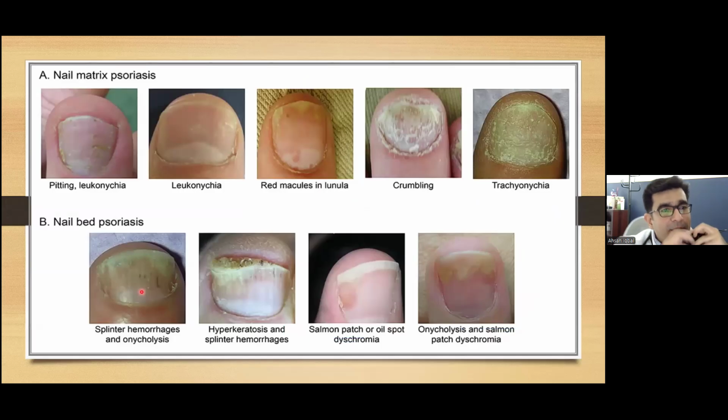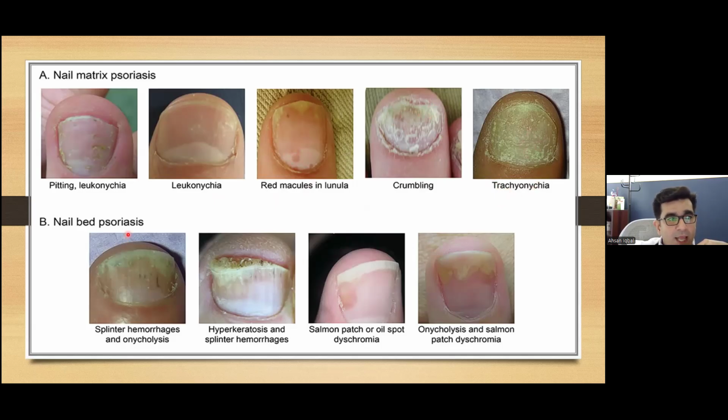Now, skin findings are pretty interesting, and if you see a patient with psoriasis with significant skin involvement, that could potentially lead to further early evaluation of psoriatic arthritis. A patient can have pitting of the nails. They could have leukonychia, red macules on the nail bed, crumbling of the nails, and trichonychia as well.